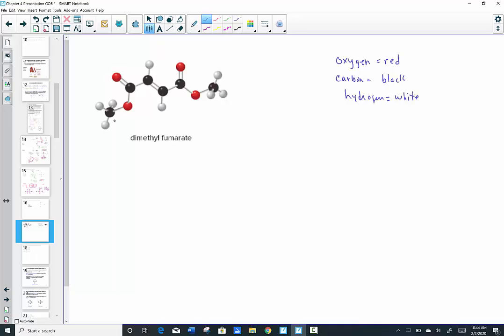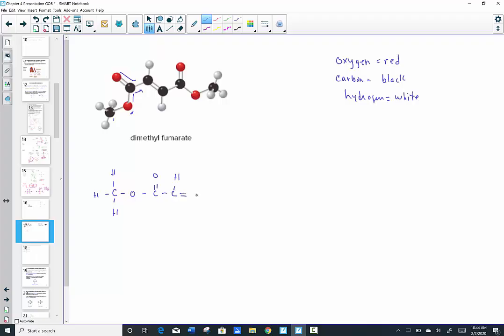So let's start here. That's a carbon attached to 3 hydrogens, and it's leading to an oxygen. That's where I'm at now. Which then leads to a carbon who's double bonded to an oxygen. I can see that it's leading to another carbon, and there's a hydrogen.